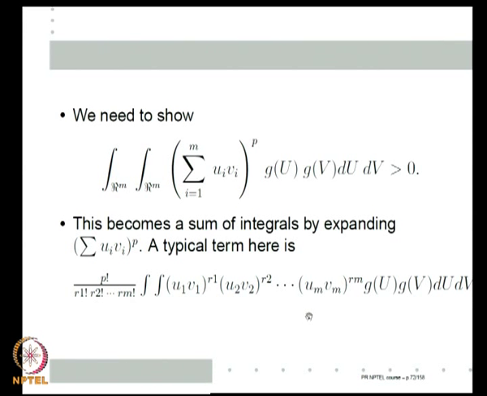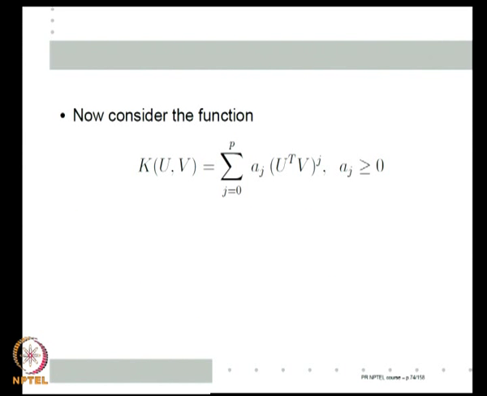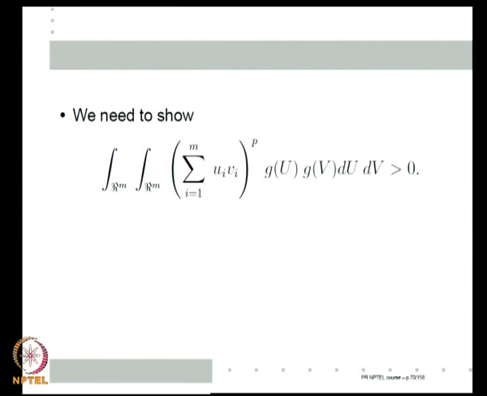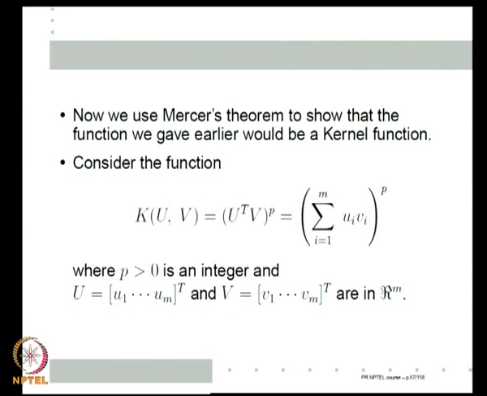They are the same integral, because u and v are of course dummy variables of integration. So, this is nothing but the integral of u1 to the power r1 ... um to the power rm g(u) du, whole squared, and hence is always greater than or equal to 0. So, this shows that the function (u transpose v) to the power p is a Mercer kernel for every positive integer p.